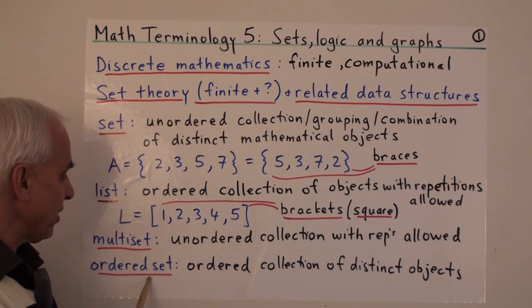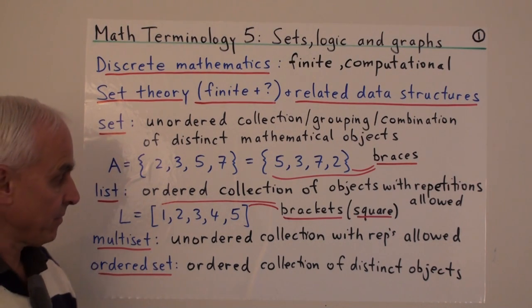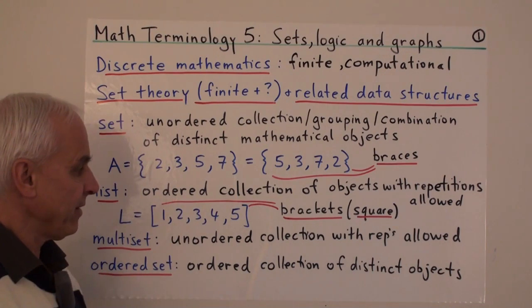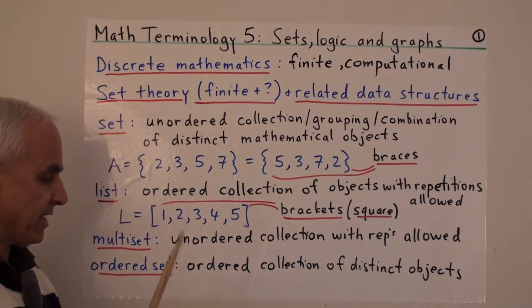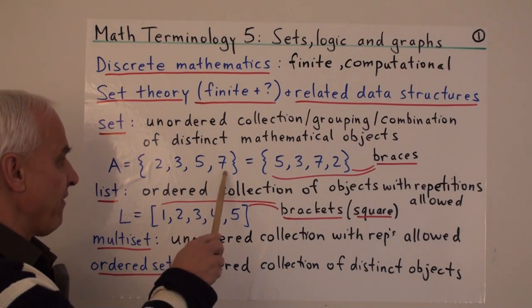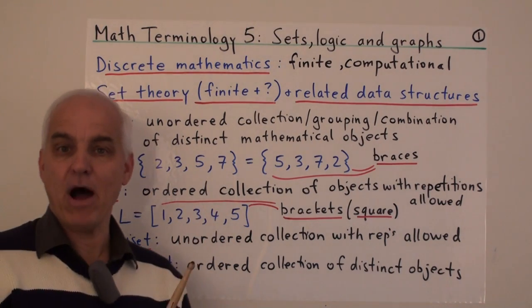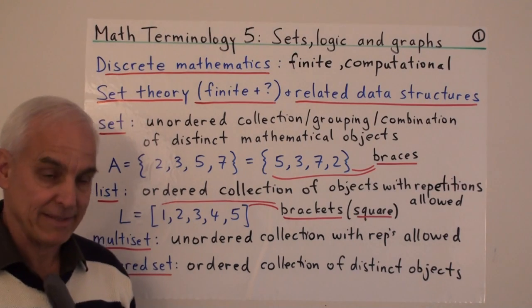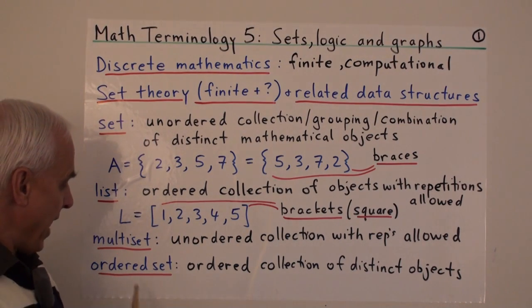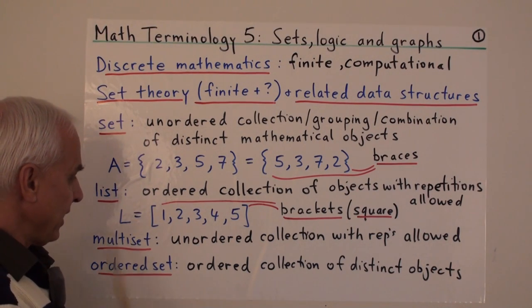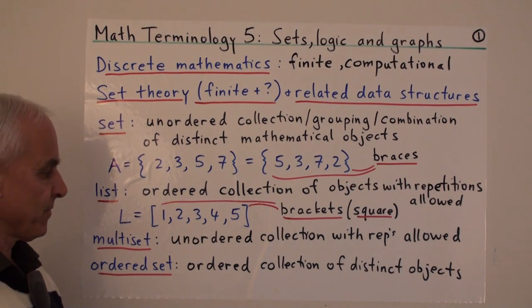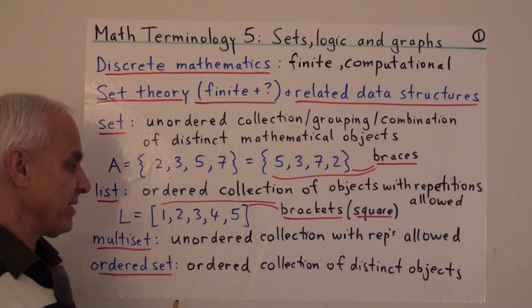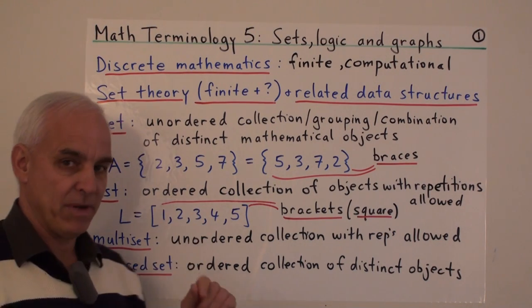Two other notions: the multi-set, which is a lot like a set, but with repetitions allowed. So it's still unordered, but you're allowed to have more than one of the same object inside. It's called a multi-set. And an ordered set is an ordered collection of distinct objects. So it's like a list, but the objects themselves have to all be distinct.